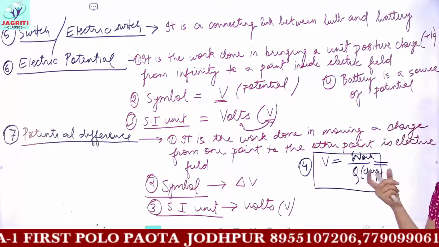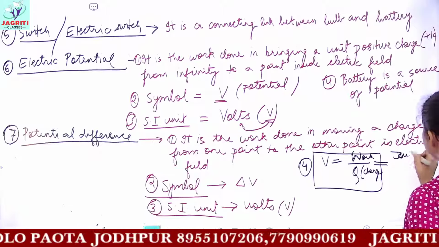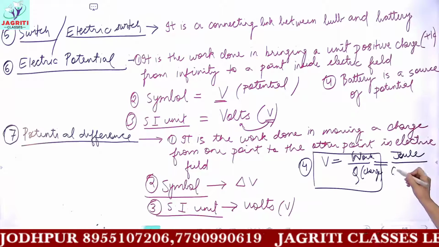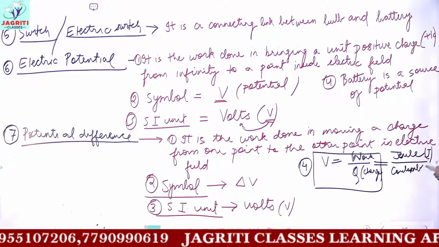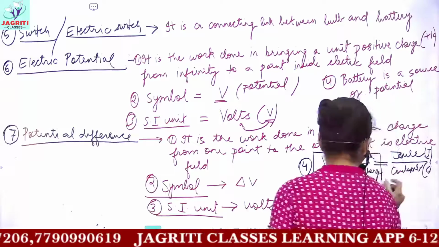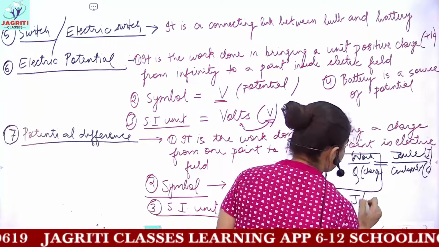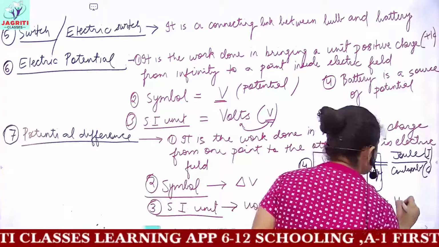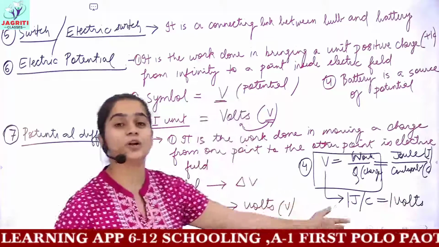What is the SI unit for work? Correct, it is joule. And what is the SI unit of charge? The SI unit of charge is coulomb. So this gives me the unit of potential, which is joule per coulomb, and this unit joule per coulomb is named as volts. So 1 joule per coulomb is equal to 1 volt.